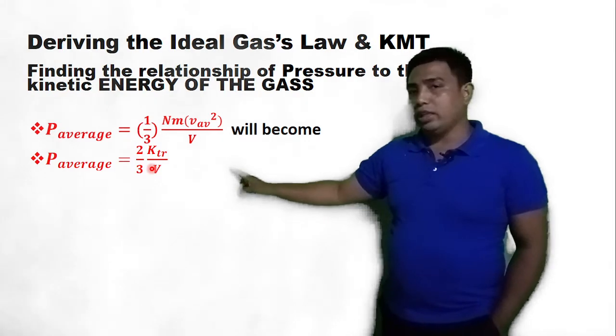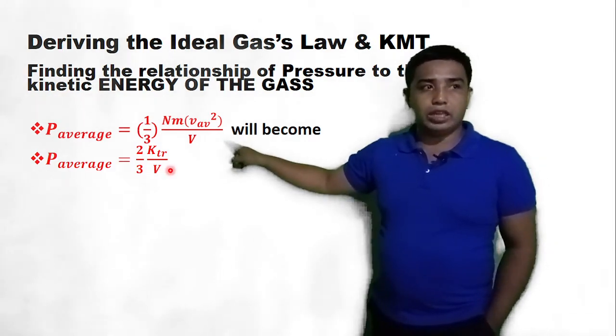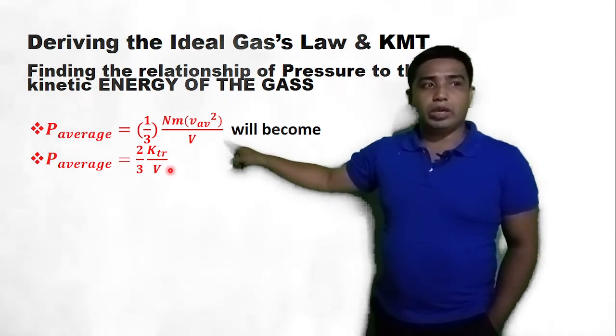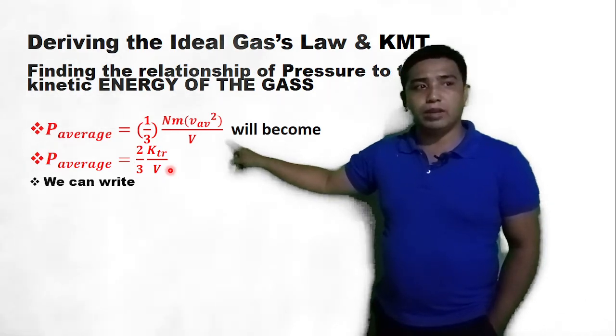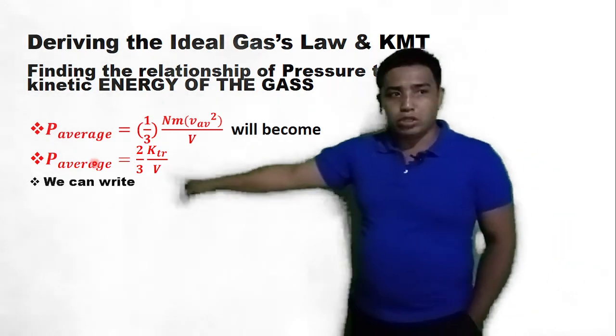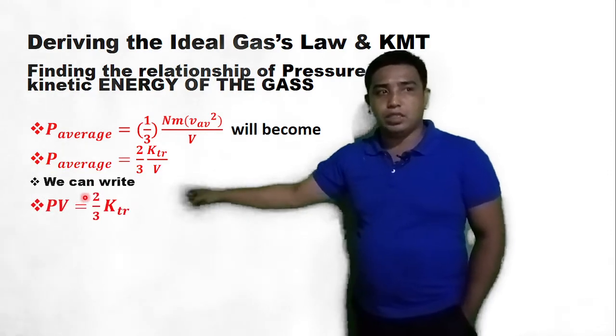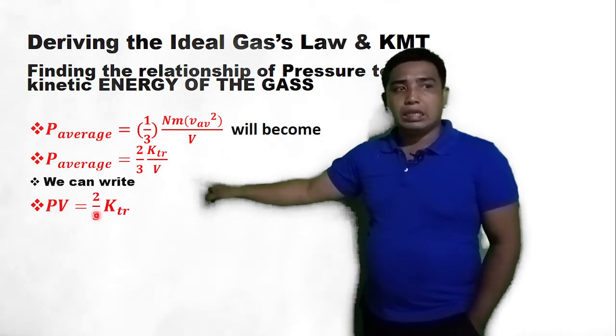So KTR here is the translational kinetic energy. Once we cross multiply V to the other side, we have pressure and volume, or PV, is equivalent to 2/3 KTR.